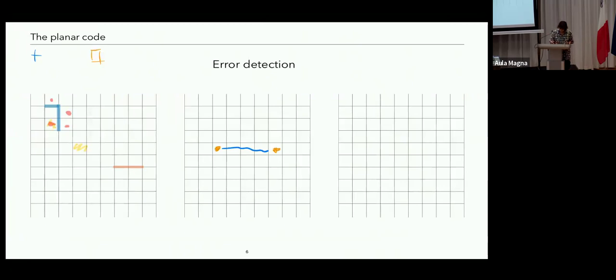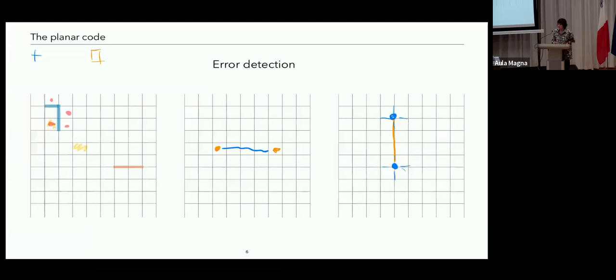And similarly for the yellow error, I can measure the X operator. And what I'm going to have is that, okay, this one has even overlap, so nothing. I will have this one and this one, the operator supported on these 4 qubits, that is going to tell me that something is odd with my system. So by measuring plaquettes and vertex operators in separate rounds, I can detect the presence of Pauli error on the system.